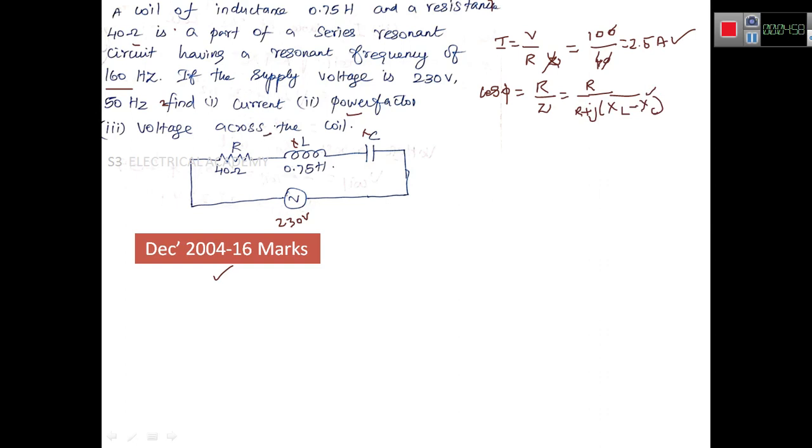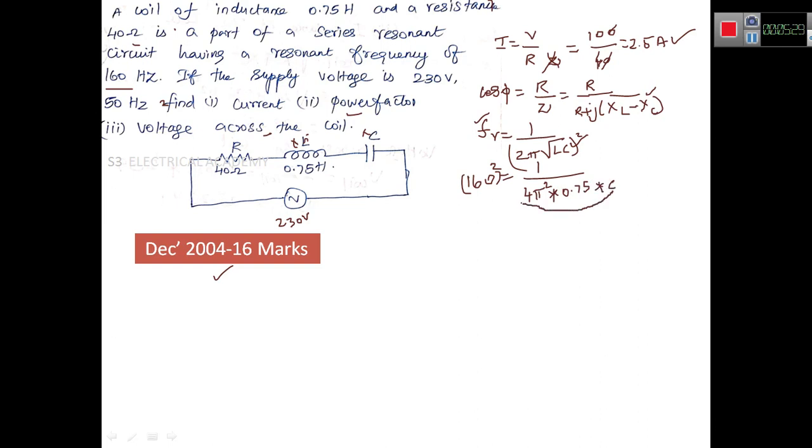So using resonant frequency formula, FR is equal to 1 by 2 pi root LC, we can easily determine the value of capacitance. The resonant frequency value is given as 160 hertz. So 160 square is equal to 1 divided by, we will square every term here, that is 4 pi square into L value 0.75 Henry into C value.